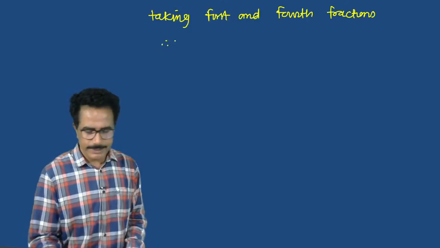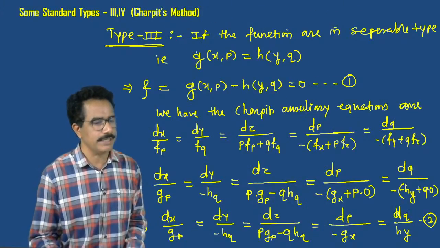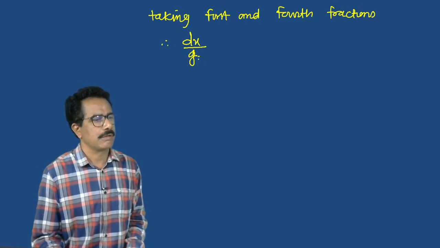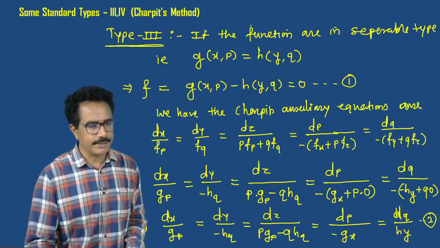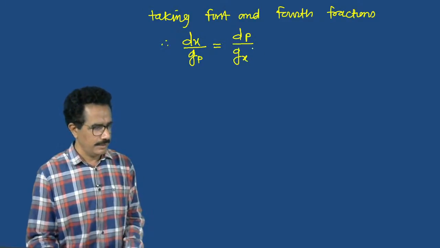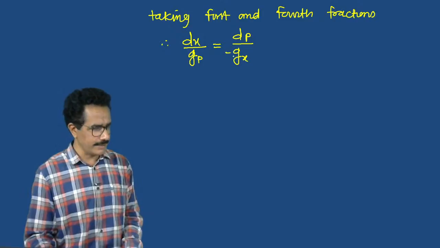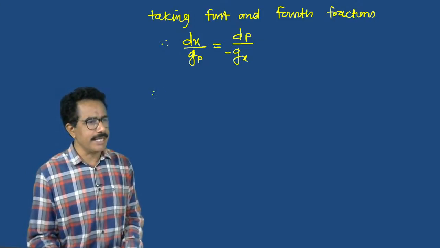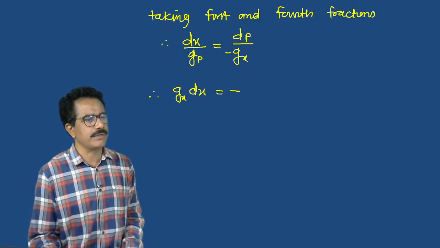So what is the first fraction here, students? dx divided by gp, which is equal to dp divided by minus gx. Is it okay? So we can write this as gx dx, which is equal to minus gp dp.